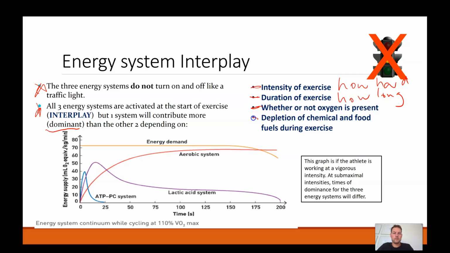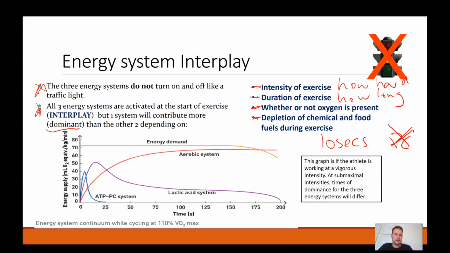The other thing we might have to look at is whether any chemical fuels or food fuels have been used up or depleted. For example, after 10 seconds of exercise at a high intensity, our PC stores will be depleted. There'll be very minimal left, so we won't be able to use those. Therefore, we probably can't use our ATP-PC energy system.